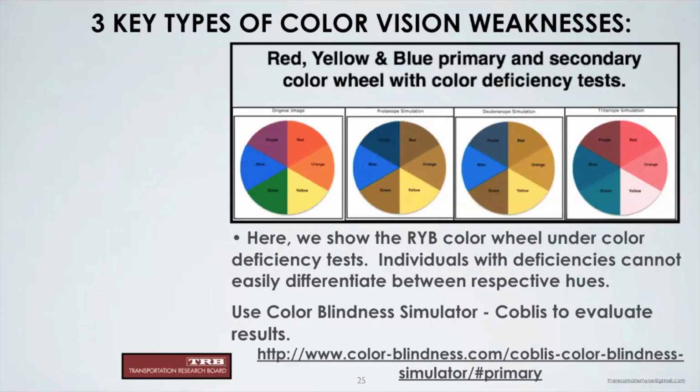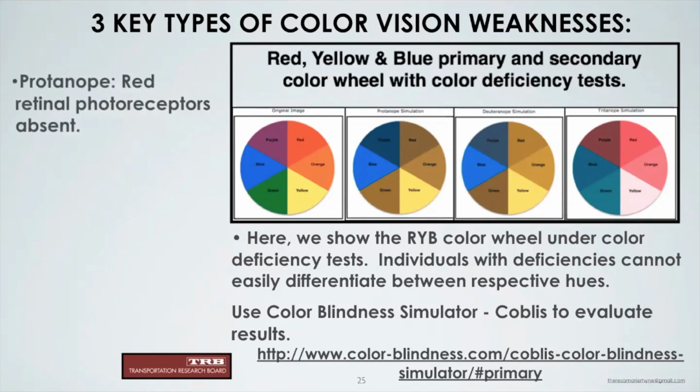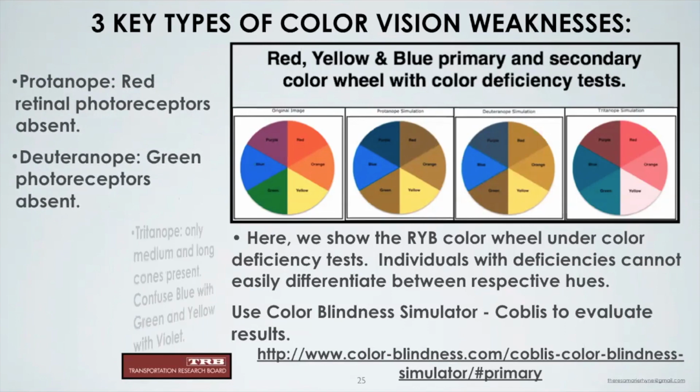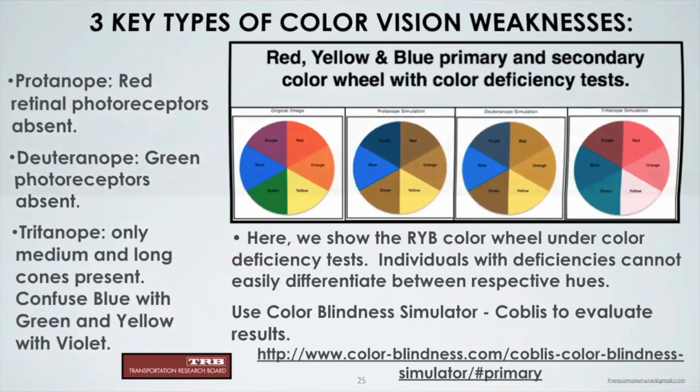Tritanopia is where the blue cone gets a little goofed up, and some of this can be caused by radiation. Some people who have cancer treatment can develop tritanopia. So those are the color blindnesses: protanopia, deuteranopia, tritanopia.